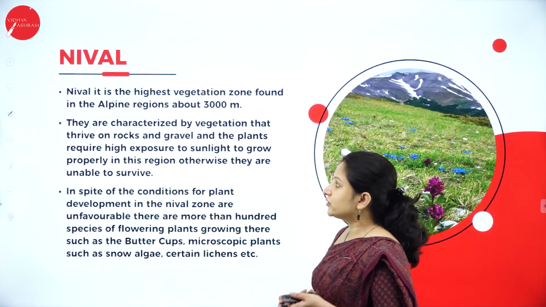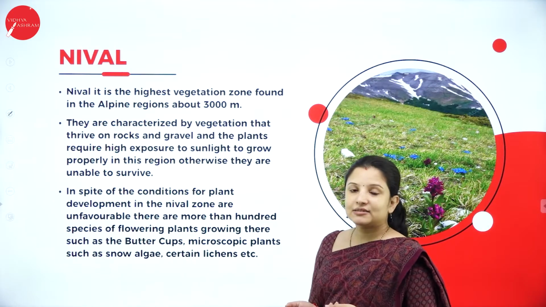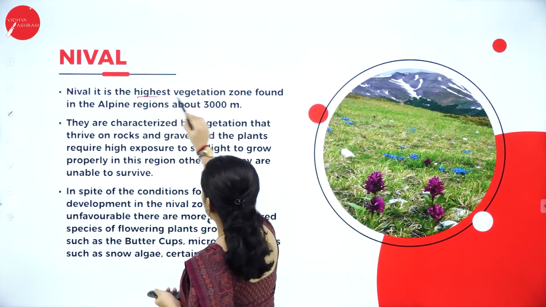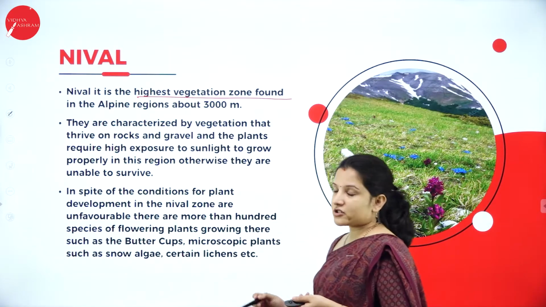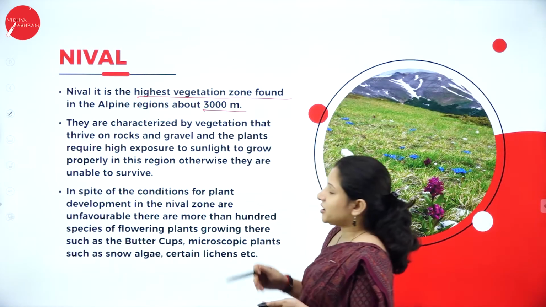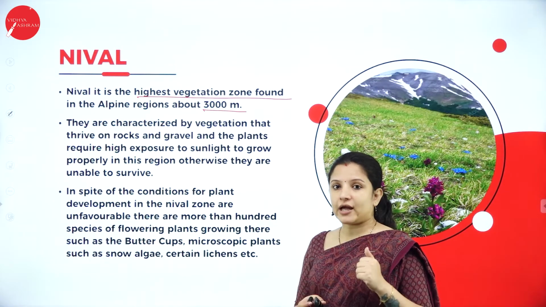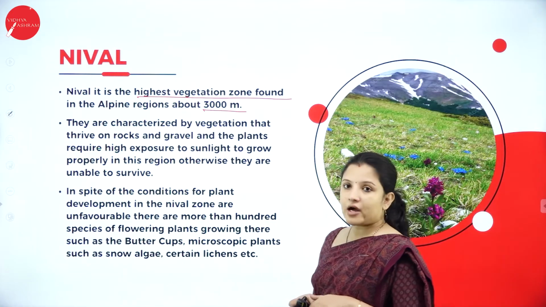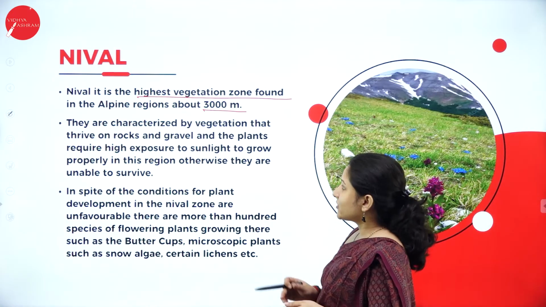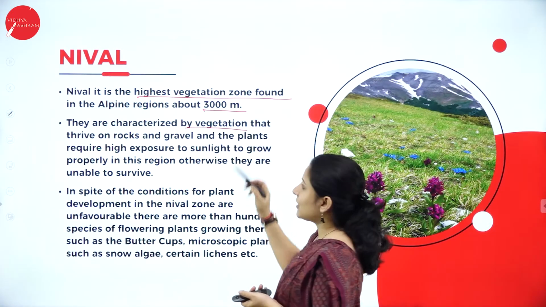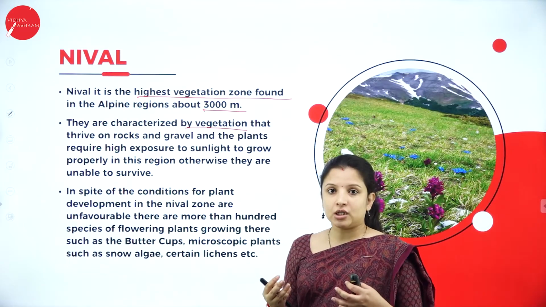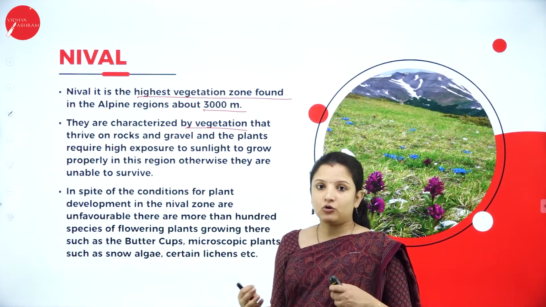So next, talking about the Nival region. Nival is the highest vegetation zone, found above the alpine region, above 3000 meters. After the alpine region, somewhere above 3000 meters, we have the Nival region. These regions are characterized by being quite rocky, that is, they are made up of stones and boulders and all that.